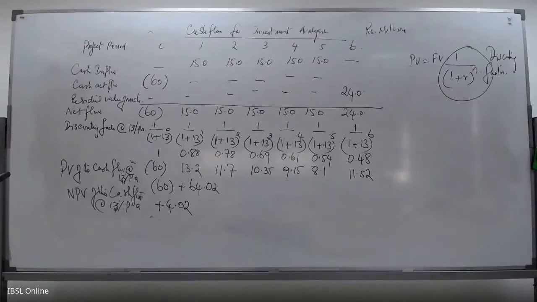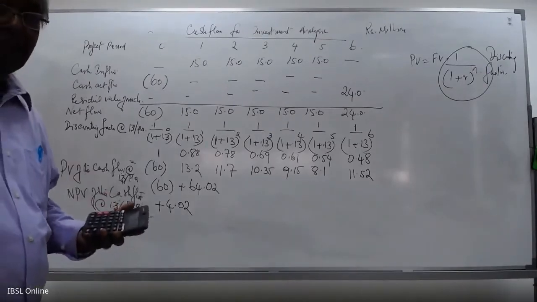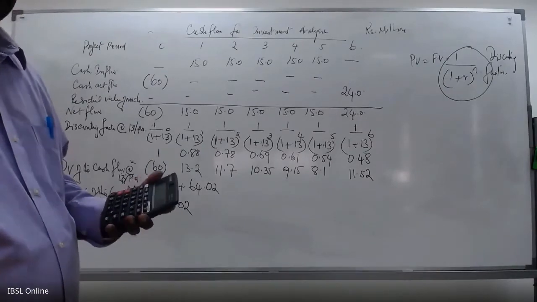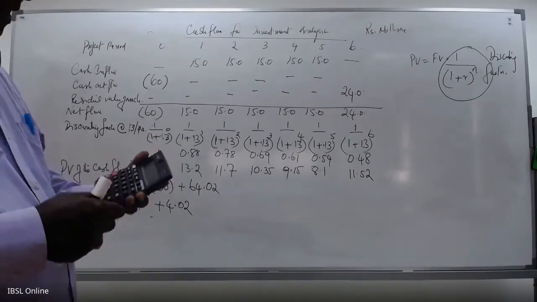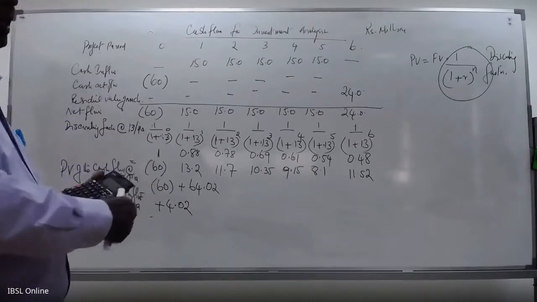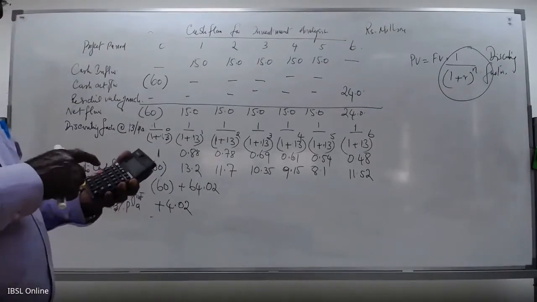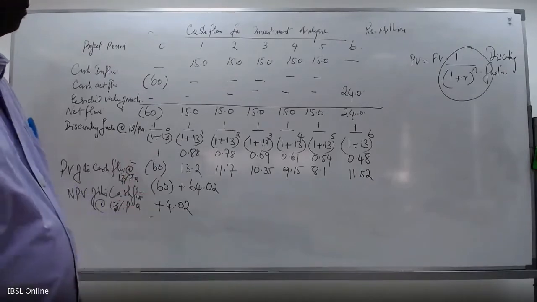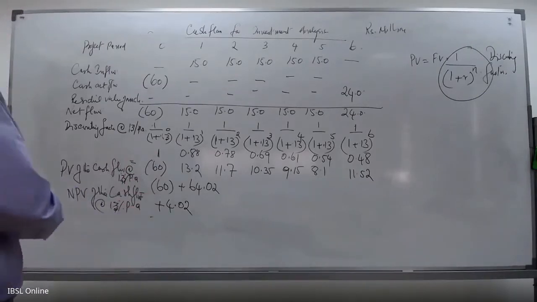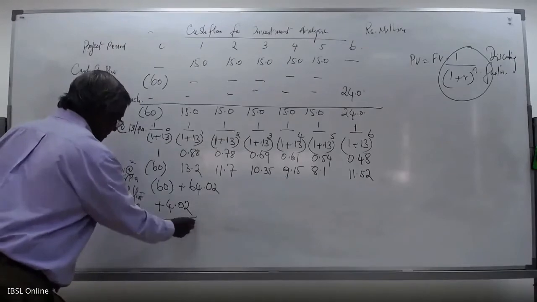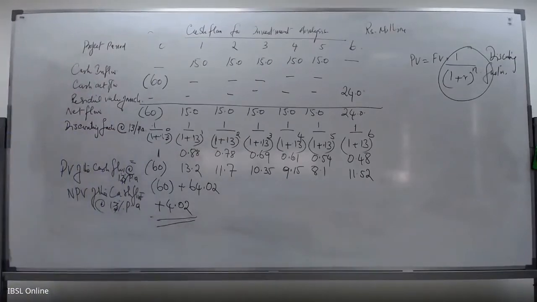So the project is worthy, they can undertake it at this particular interest rate of 13% per annum. At 18%, NPV was minus 4.02. At 13%, NPV is plus 4.02.